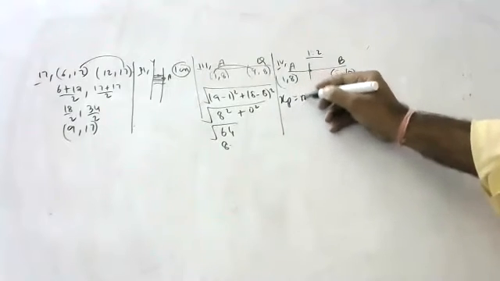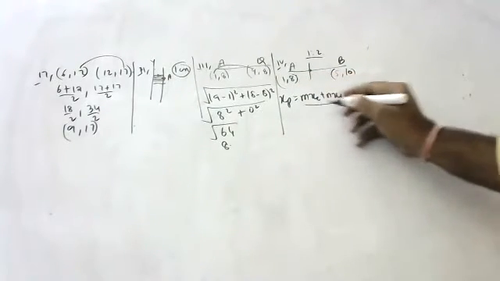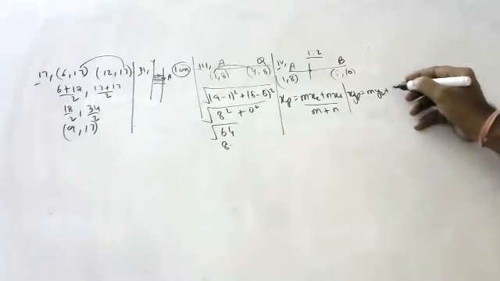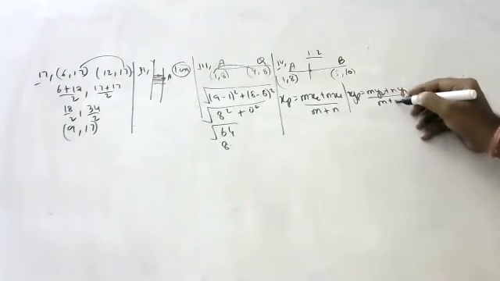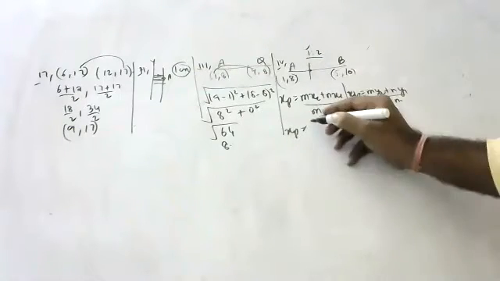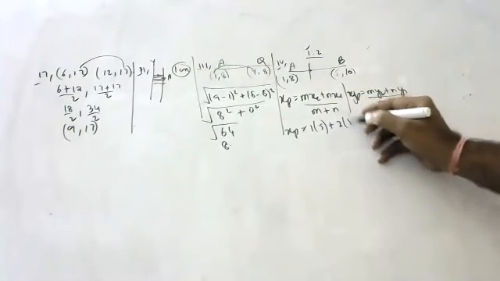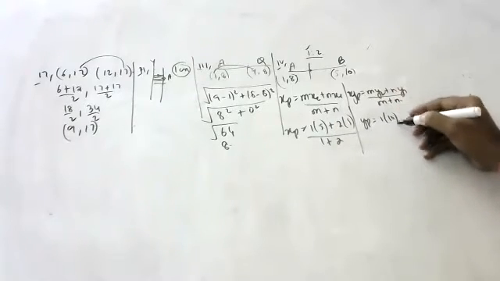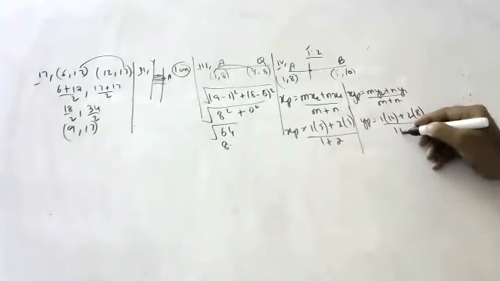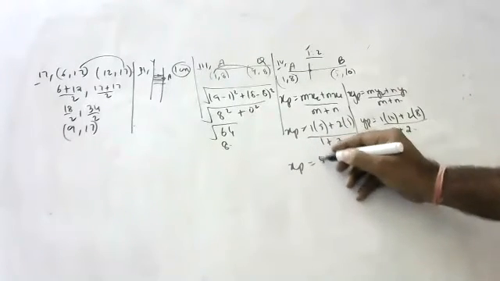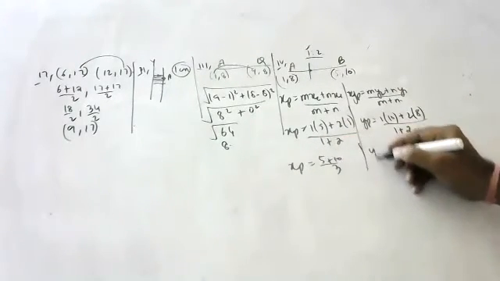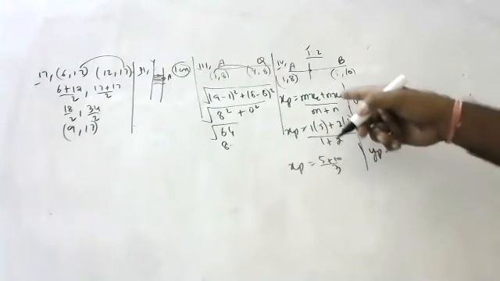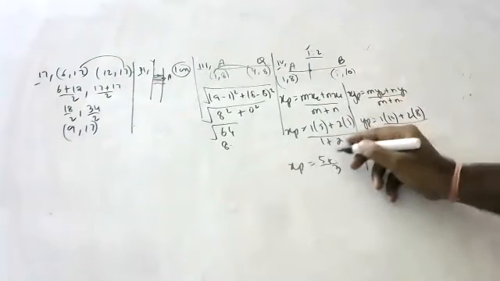So xp is what, children? (m x2 plus n x1) by m plus n. yp is (m y2 plus n y1) by m plus n. Come on, children. m is 1, so 1 into 5 plus 2 into 1 by 1 plus 2, and 1 into 10 plus 2 into 8 by 1 plus 2.